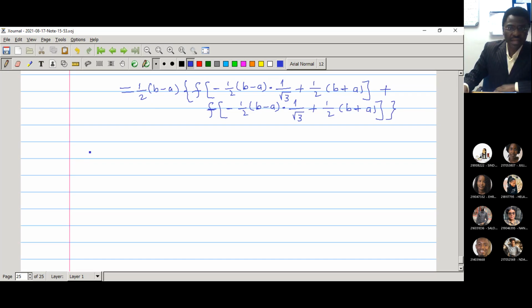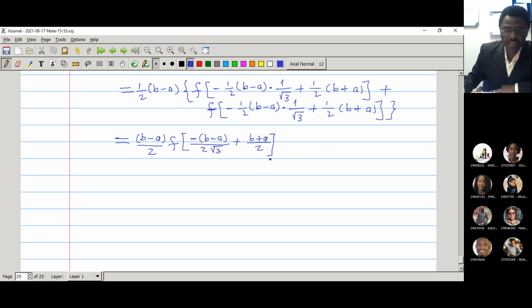Right, so that's what we have. So now if I expand that again, if I expand throughout, I can say that this is (b minus a) by 2, f of, I can just say here minus (b minus a) by 2 square root of 3 plus (b plus a) by 2.